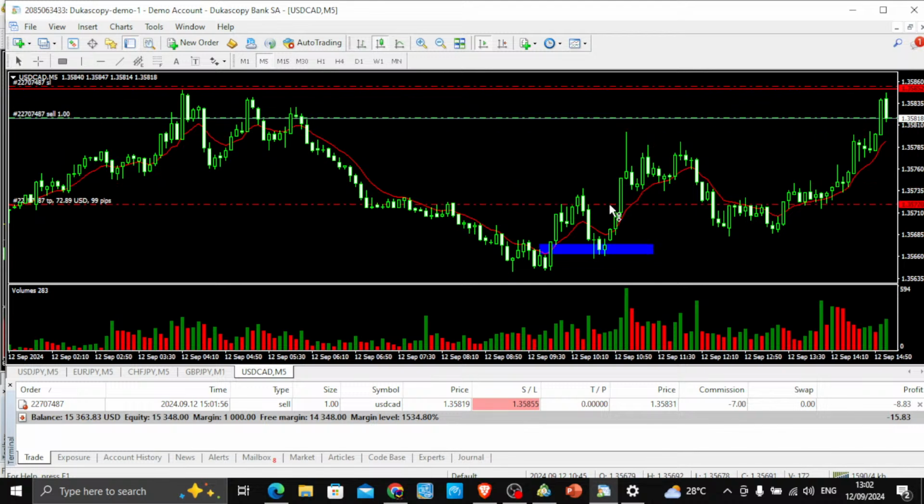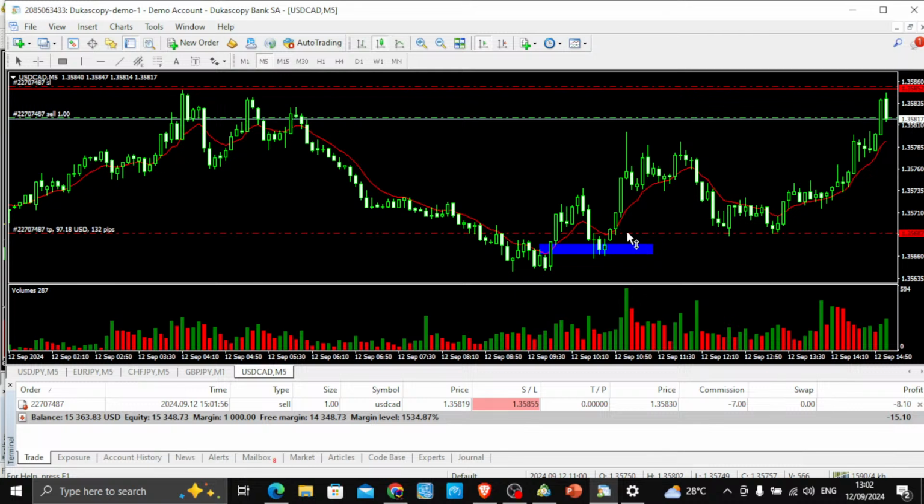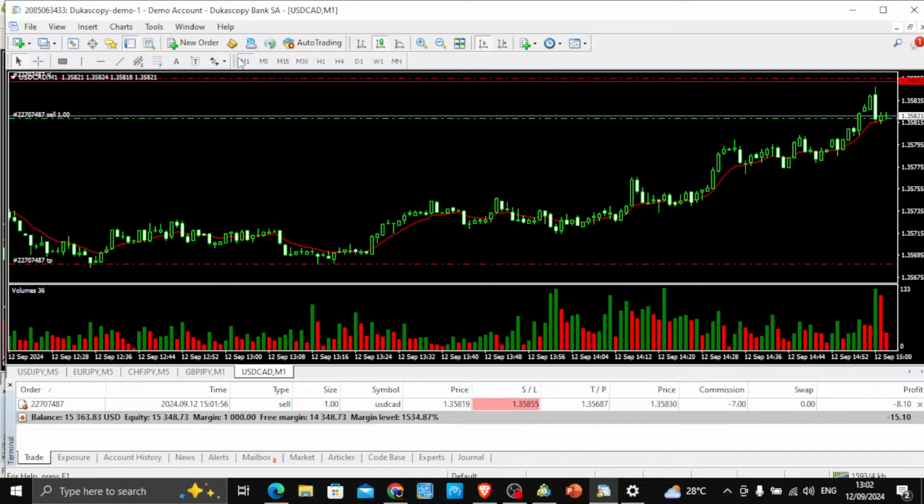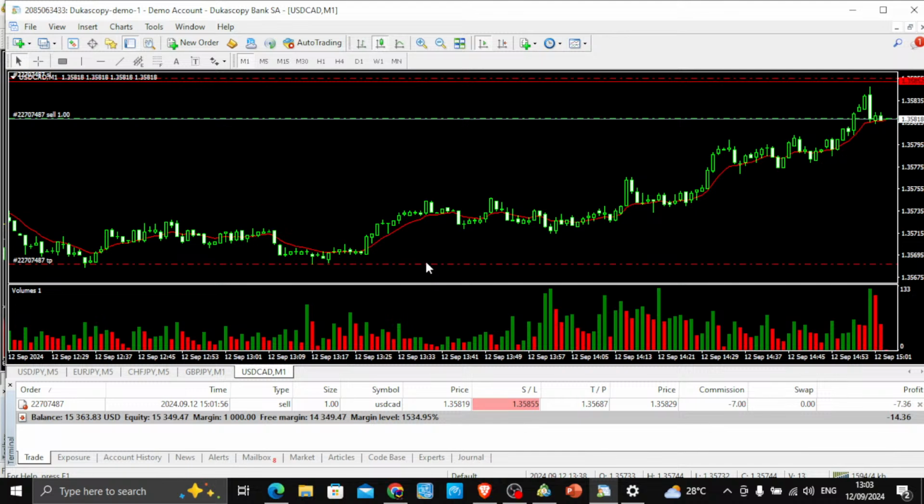So we come down. These areas we will also get 13 pips, which is very, very okay. Okay, let's check. This is where we have this kind of movement.